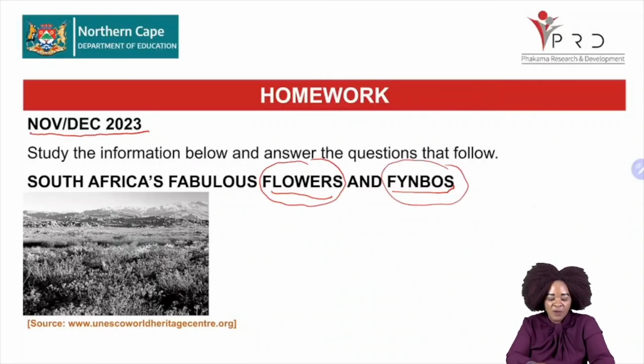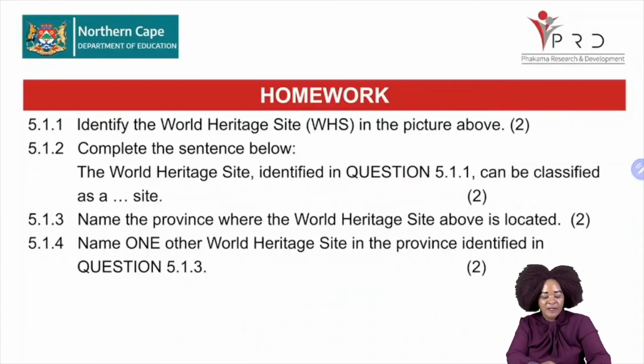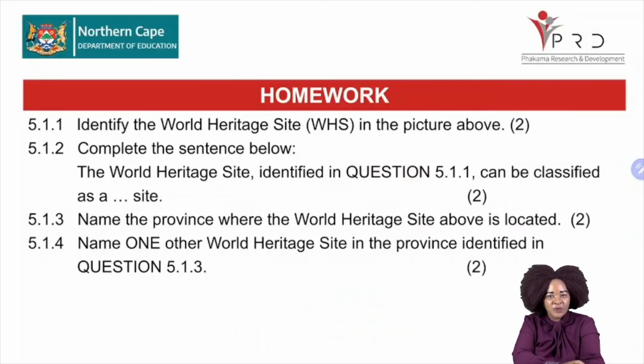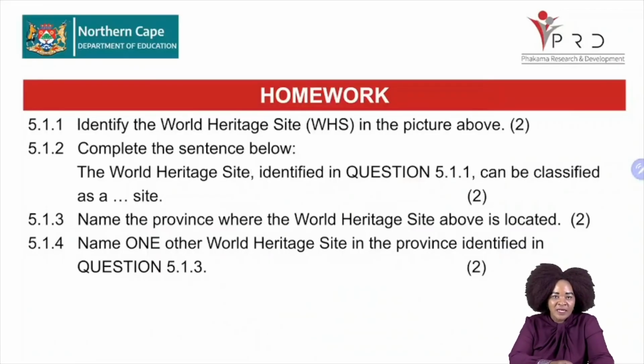What is the name of the World Heritage site out of the 10 that you did? In 5.1.1, why question 5, Grade 12 learners? Because culture and heritage in section C is in question 5 of your question paper. So I didn't want to change anything. I just wanted you to do it as question 5.